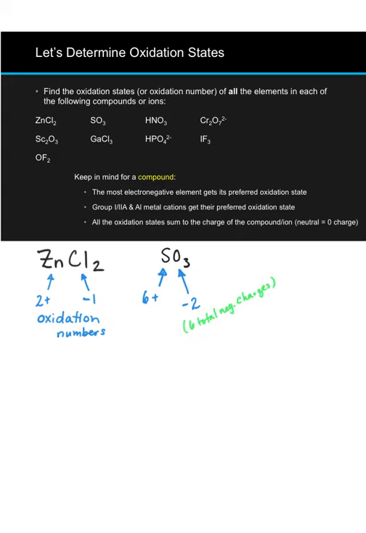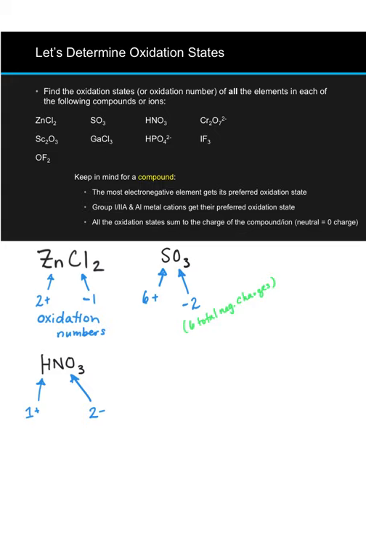Even in more complicated molecules, we can still assign oxidation numbers. In HNO3, for instance, we can still use the most electronegative atom, oxygen, to begin assigning oxidation numbers. Oxygen is 2-. We also know that because hydrogen is at the front of this molecule and is in group 1A, it gets a 1+ oxidation state or charge.